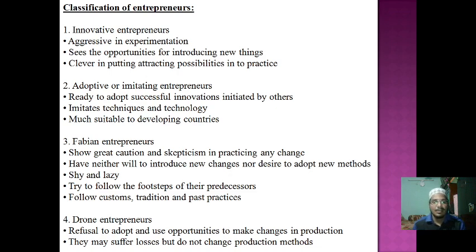Fabin entrepreneurs show great caution and skepticism in practicing any changes. Here we are seeing that great caution means great problems, and skepticism in practicing any change.